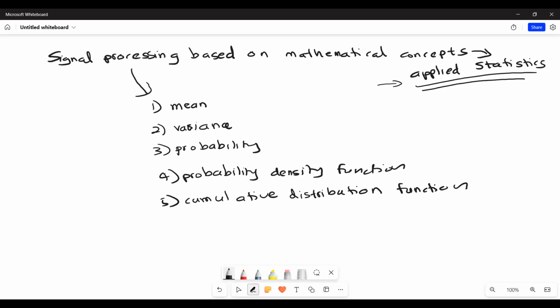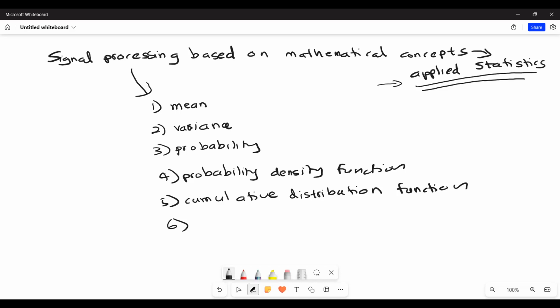So we will get into those later. I'm just telling. Then we will talk about other statistics as well. Anyway, what I wanted to summarize is that we are using a lot of concepts that are used in applied statistics in this signal processing domain.